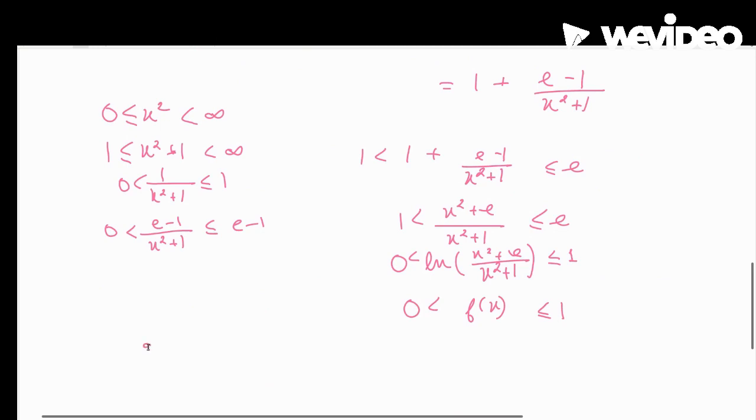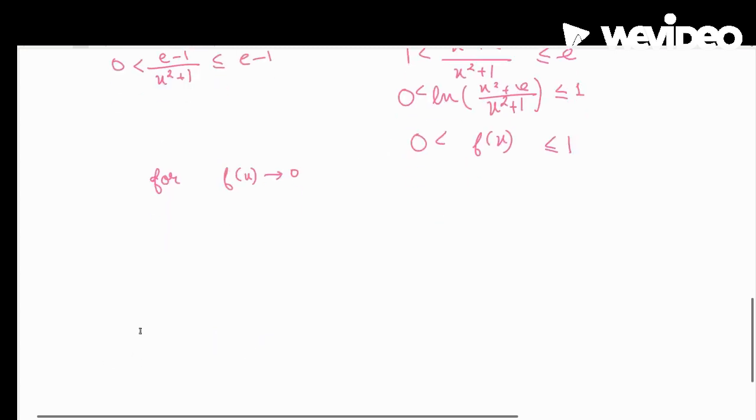So for f of x equal to 0, or more precisely tending to 0, as it will never be equal to 0, we will get g of x as root of sine 0 plus root of cos 0. That is 0 plus 1, and that will be 1.